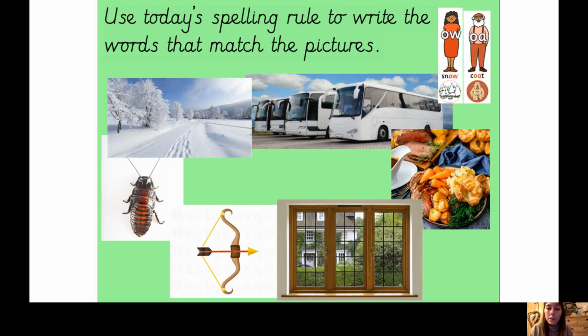Arrow. We've got coaches. Coaches. We have roast, and window. So have a careful think about where you can hear that O sound and think carefully about which of the family members you're going to use.